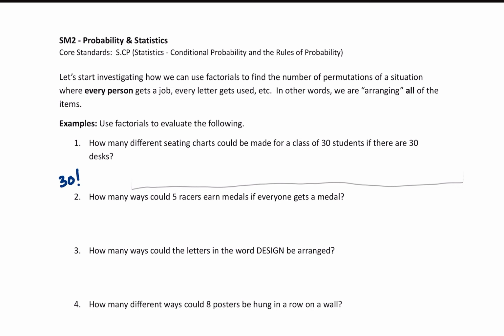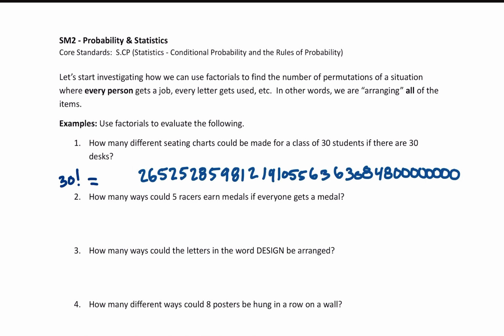You might even get an error because it's way too big of a number. Well, I've written down what 30 factorial is, and it's this number right here. It's way too large. It almost means nothing to us because there's so many digits. So you see, this is why we have the factorial, because 30 factorial is a whole lot more simple than writing all that down. Okay?